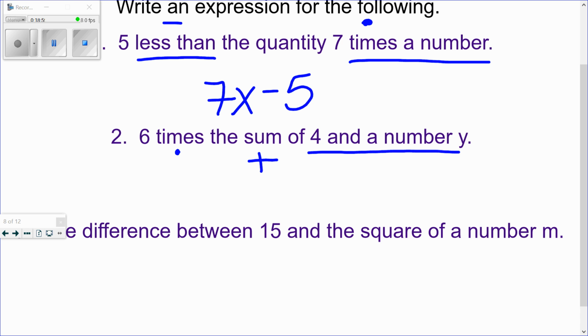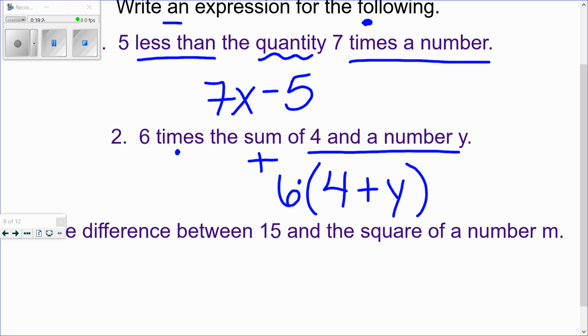Work backwards here a little bit. 4 and the number y are added together. Okay. 6 is multiplied by that. How do I do that? Perfect. 6 is multiplied by the entire quantity, the whole sum. Okay, so you can put a parentheses there. You can put a dot.